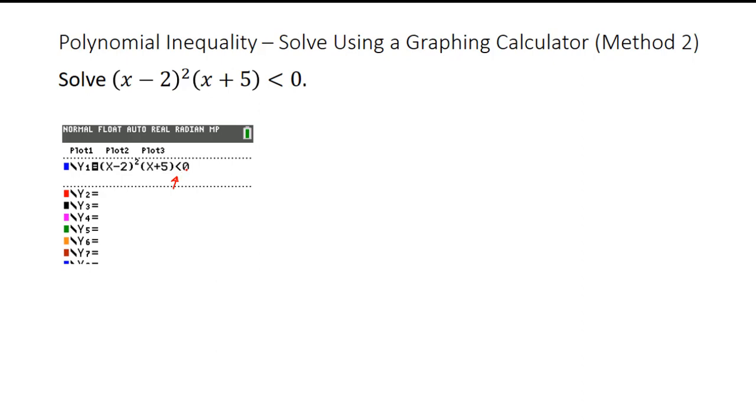To get the less than symbol, I'm going to have to use my TEST menu, which is on the calculator by doing 2nd and MATH. That's going to bring up some inequality symbols, and you're just going to select the one that is less than, which is option 5. And now we're going to press graph.